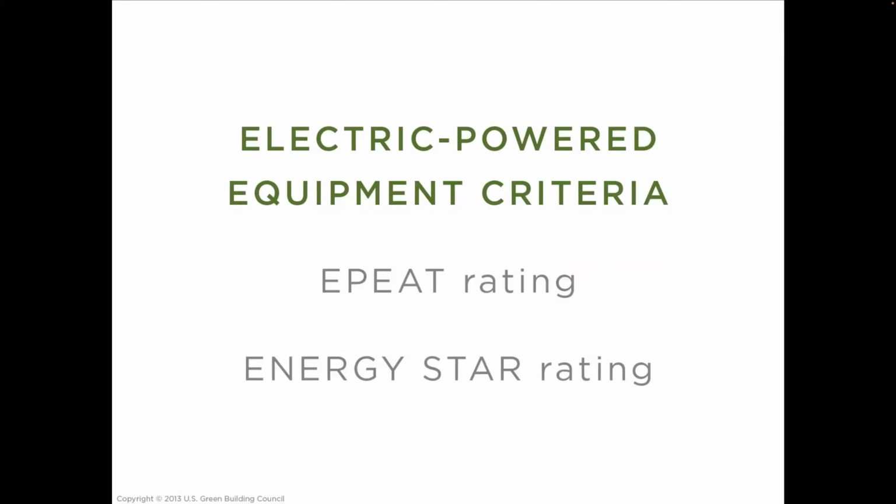All right, electric powered equipment, again, that's the 40% by cost. So if you're buying all Energy Star rated and EPEAT rated products, and the total exceeds 40%, you get a point. Now, most computer monitors are Energy Star rated. So you just find out what you purchased in the last, I think the performance period is 3 months again.